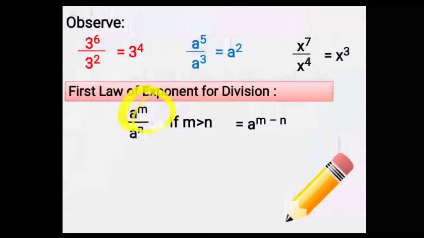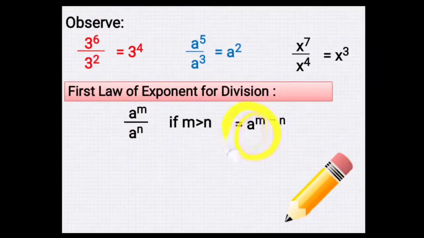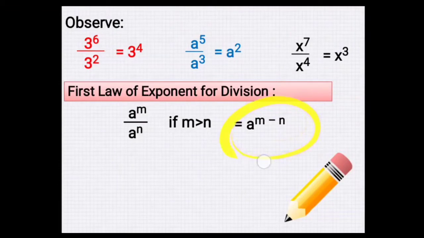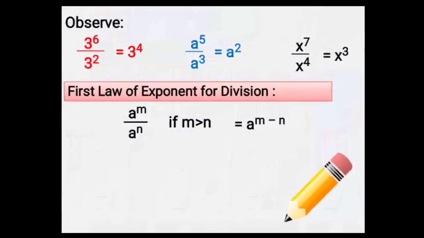If the exponent of the numerator is greater, copy the same base, that is a, then subtract their exponents, m minus n. Therefore, our answer is a to the m minus n power.